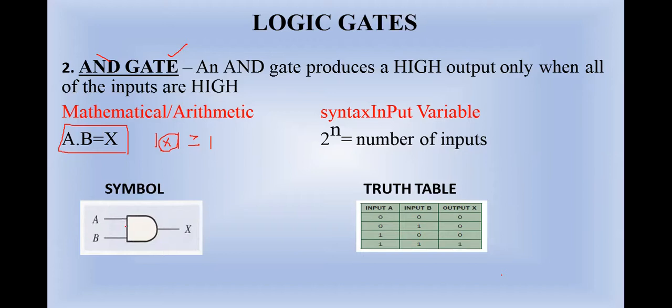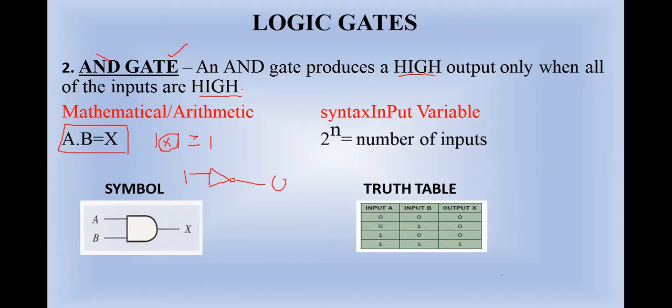Then the symbol is different from the NOT gate. Like we saw, the NOT gate is something like this. That shows that this one inverts: when it's 1, it gives a 0. When it's 0, it gives a 1. But the AND gate, by definition, produces a high only when all the inputs are high.